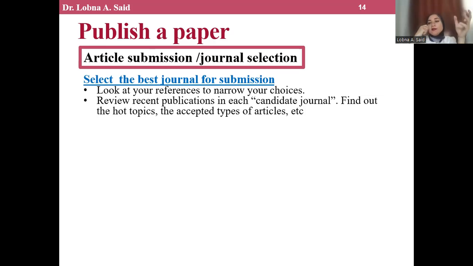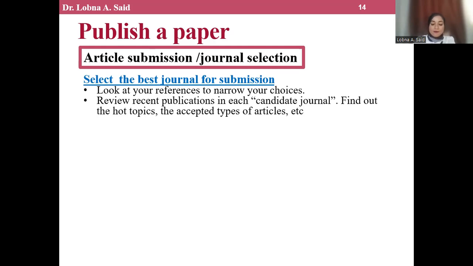So the first thing is to look at your reference list to narrow your choices, because the literature shows you where we could publish our work, because it was previously published in the literature. So this narrows your choices a little bit and gives you indications of the correct journals you should seek, or should search for.